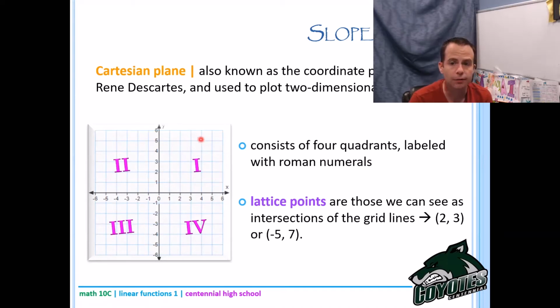If I had the dot right here, you would tell me, hey, that's the point 4, 5. But if I had the dot, say, right here, okay, you know that it's -1, but you're guessing that it's somewhere between 5 and 6, okay? You don't know for sure. So that would not be considered a lattice point. A lattice point is the direct intersection of the horizontal and the vertical grid. So you know for sure what point that is, okay?